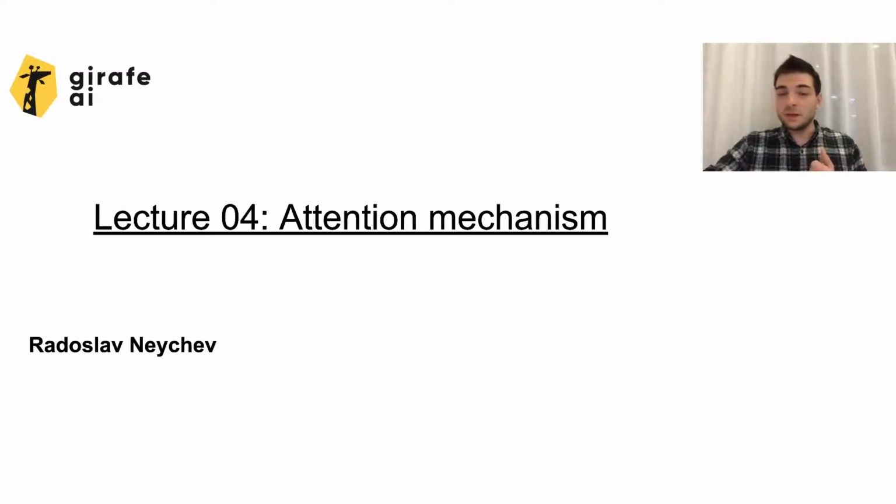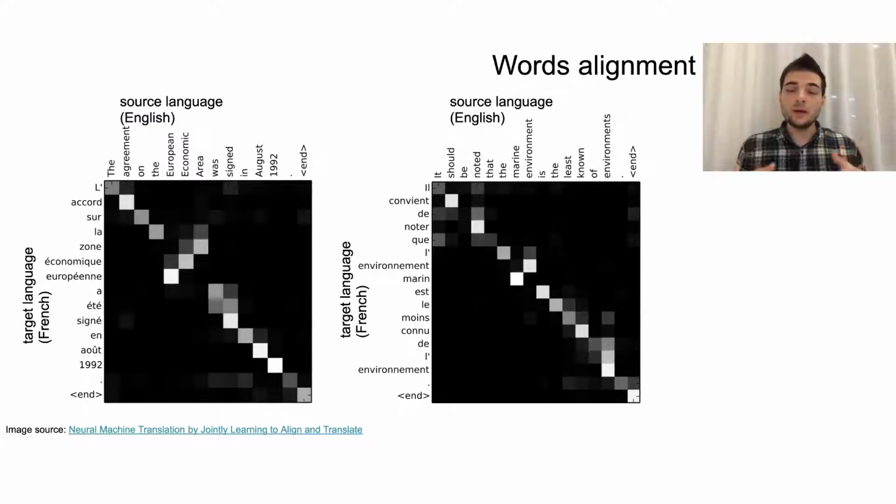So let's begin. First of all, I want to make a small recap of the previous lecture, where we discussed neural machine translation and machine translation in general. And we have these two beautiful matrices with word alignment. So we have two languages. The source language is English, the target language is French, and we can see that every word is being mapped either to one word in the target language or into several words, like we see here.